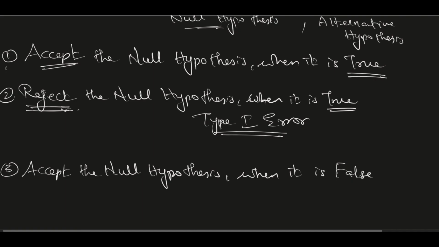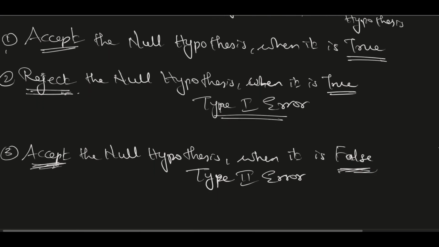That means mu equal to 15 is not correct, but you have accepted that it is equal to 15. So this is also a mistake. This is called type 2 error: accepting a null hypothesis when it is false.